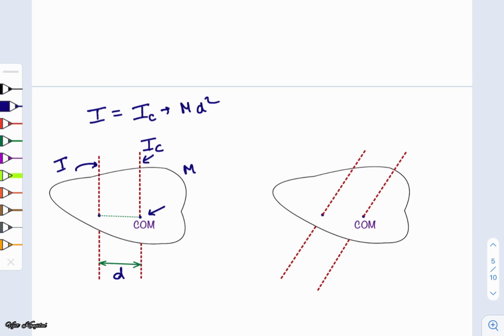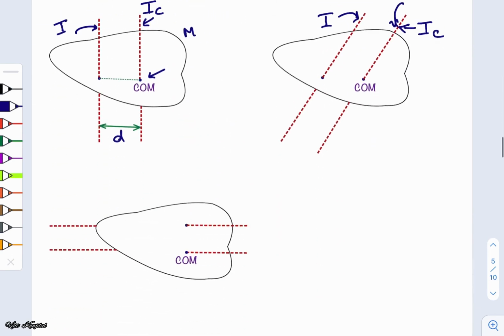Similarly, if we have the axis tilted like this, and if the moment of inertia of this rigid body with respect to this axis passing through the center of mass is IC, and with respect to this axis which is parallel to this particular axis is I, again I would be equal to IC plus md square.